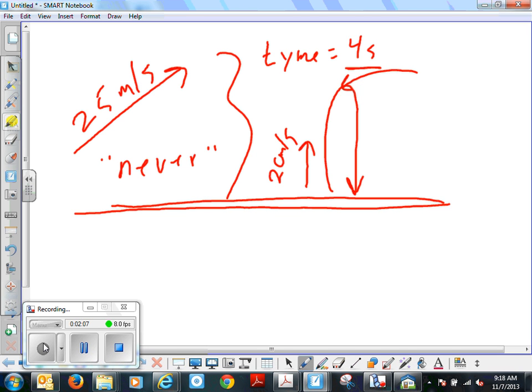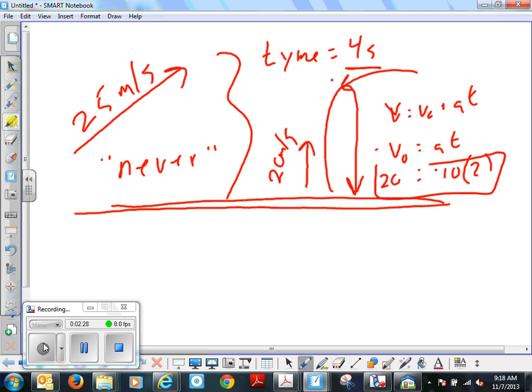If it takes 4.5 seconds, I must have been going 45. And the formula you're using in your head is this: up here, the v is 0, so it's negative v sub naught equals at, negative 10 times 2, you get 20 meters per second. And that's what you're doing in your head.